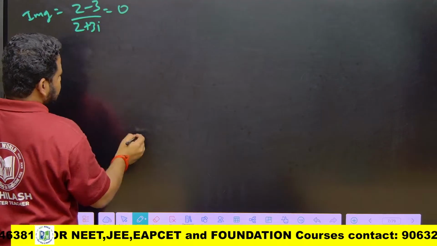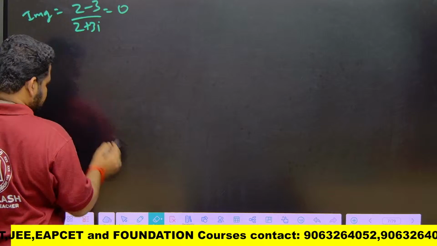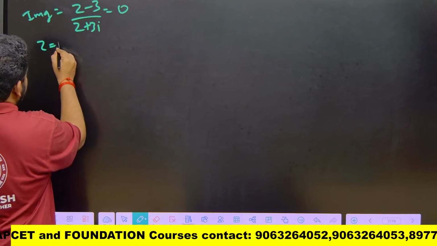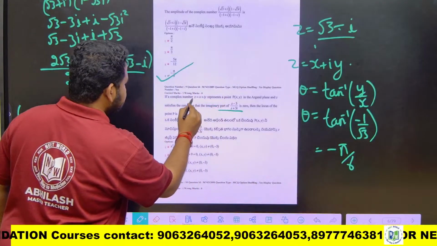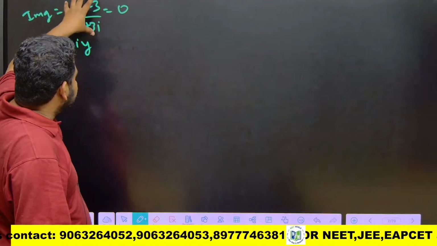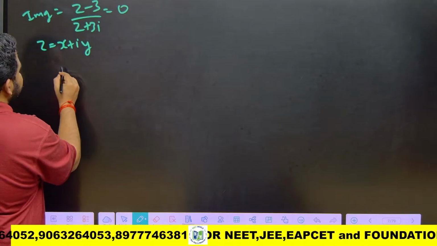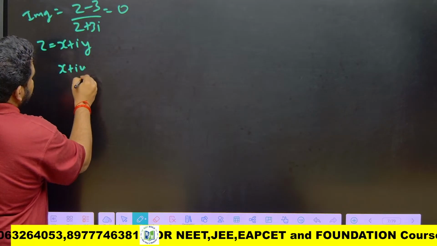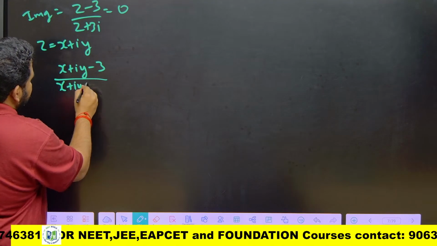And z is equal to x + iy, this is the complex number that they are telling. Now in this part, wherever z is there, I will put x + iy. So this becomes (x + iy - 3)/(x + iy + 3i).